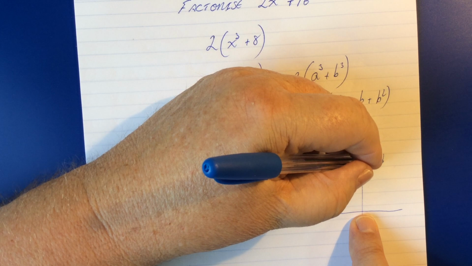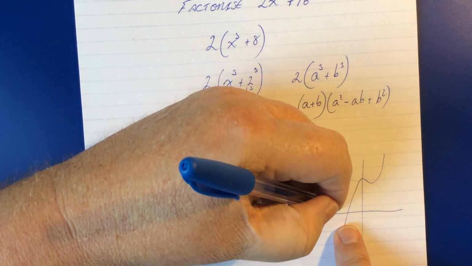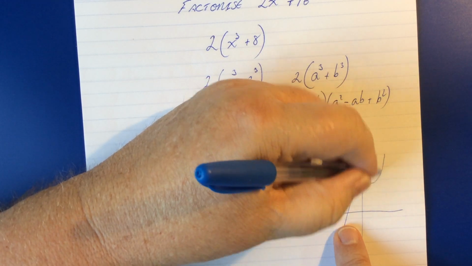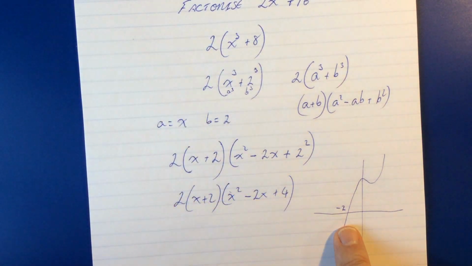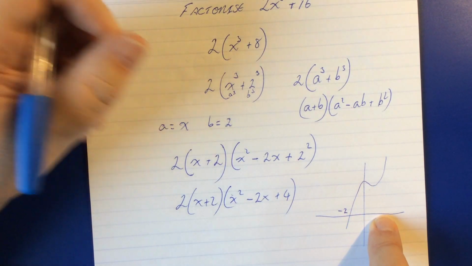And so this thing probably looks something like that. And this point here is negative 2. And this element here is this thing. It doesn't have a solution for x because it doesn't touch the x-axis.